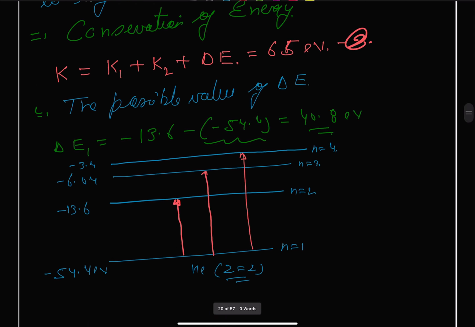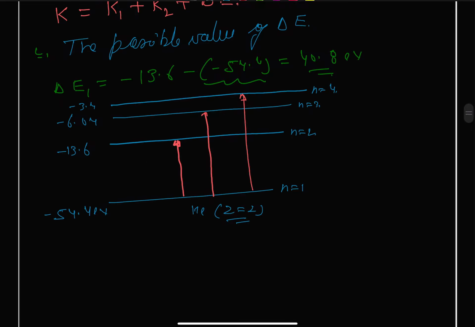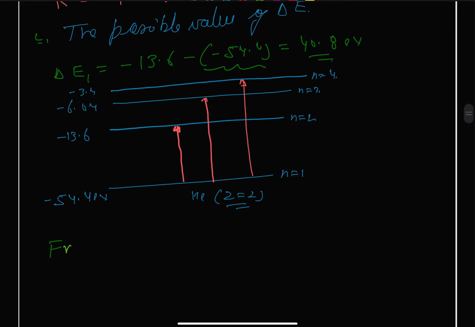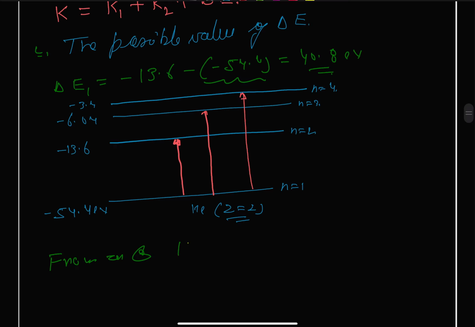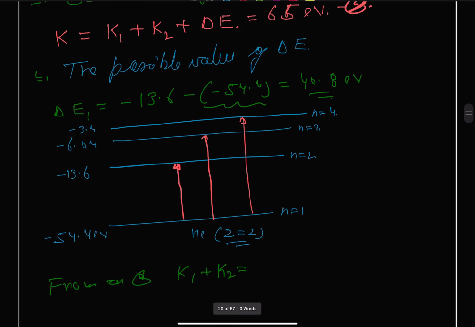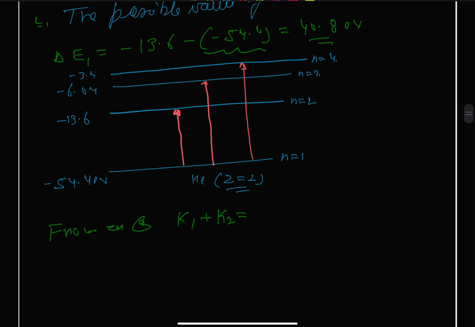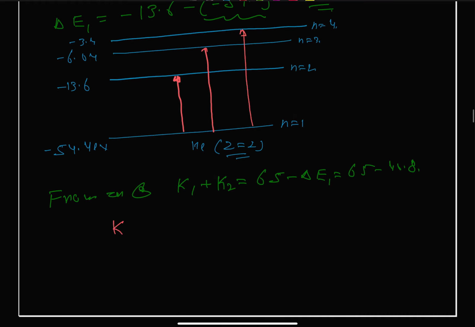So we found out our delta E. Using equation 2, we get K1 plus K2 will be equal to 65 minus delta E. Delta E1 in this case, and we get 65 minus 40.8, so K1 plus K2 will be 24.2 electron volt.